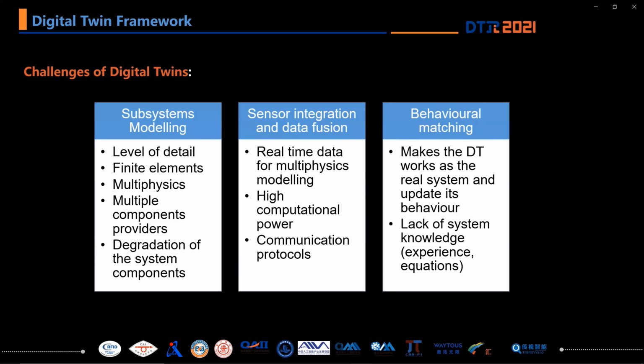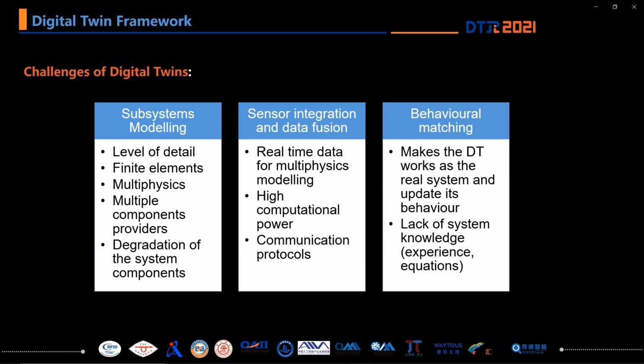There are three basic challenges in developing digital twins. The first is subsystem modeling. So what level of detail we want to implement, whether we use finite elements or discrete systems, whether we include multiple physics, multiple components, is there degradation? The second is the sensor integration and data fusion. So how are we getting the data for the modeling?